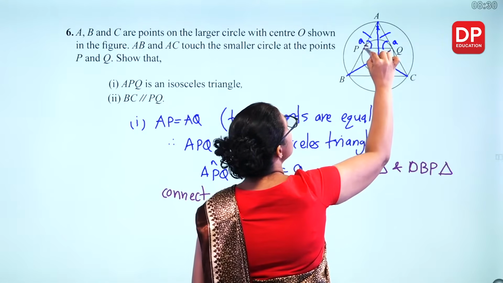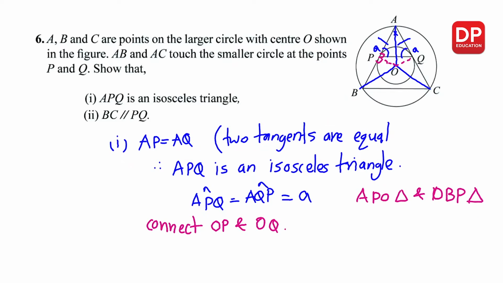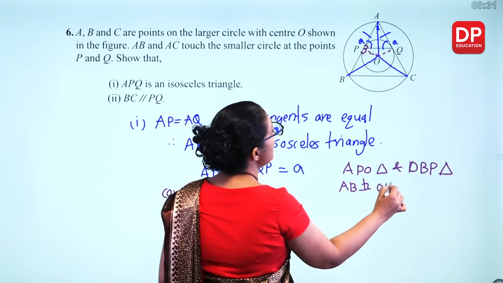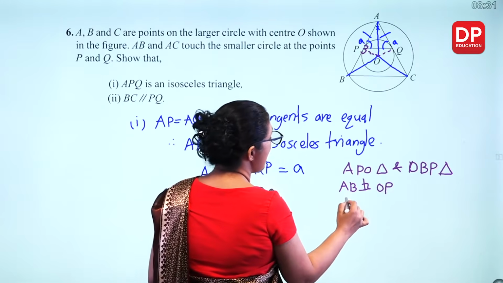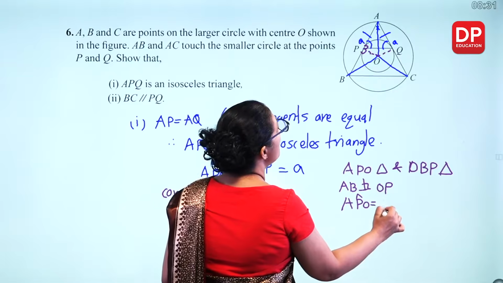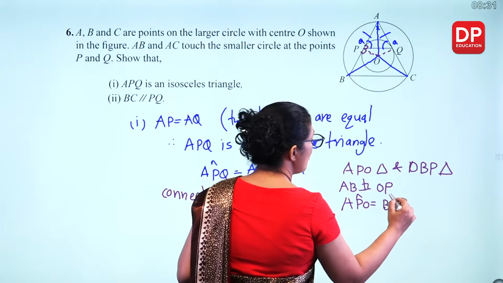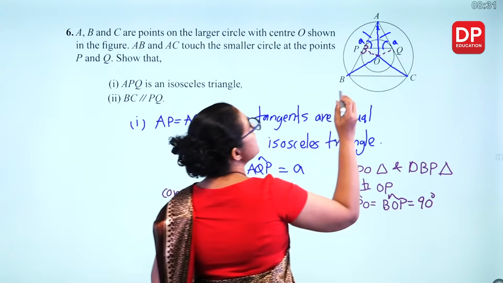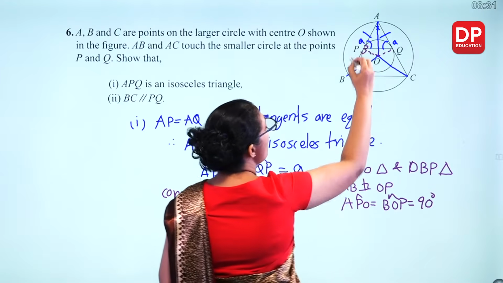Radius and the tangent, 90 degrees. So this is 90 degrees. AB is perpendicular to OP. So APO angle or BPO angle, both are 90 degrees. And OP is common.